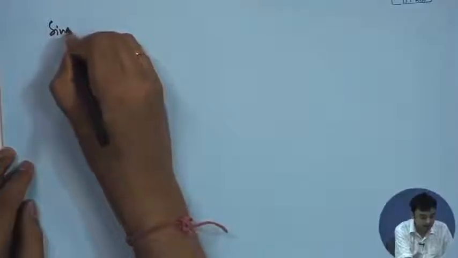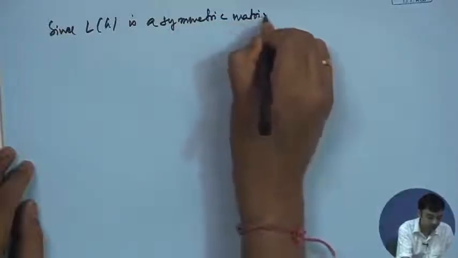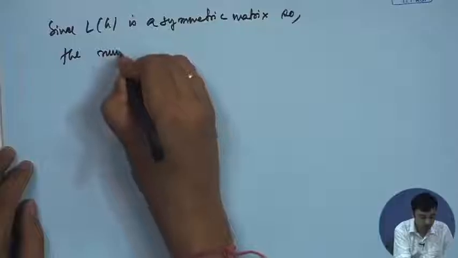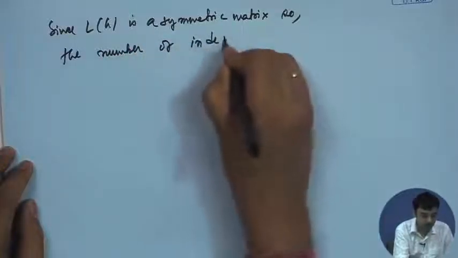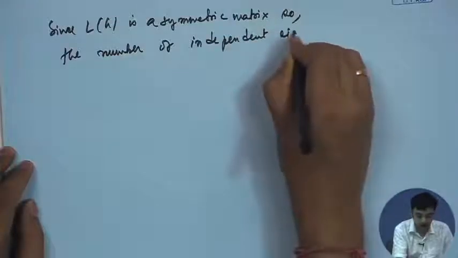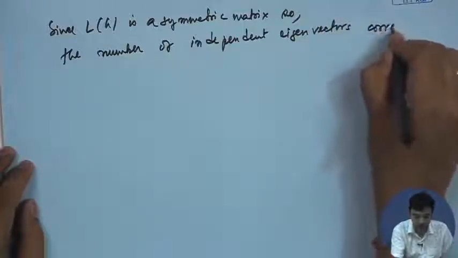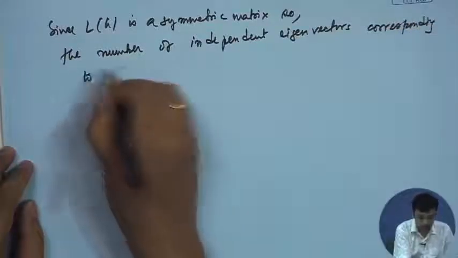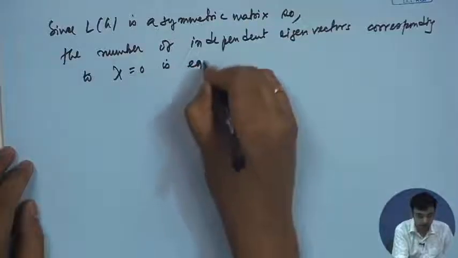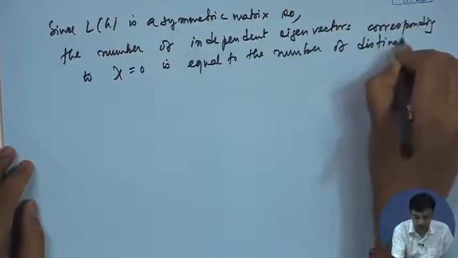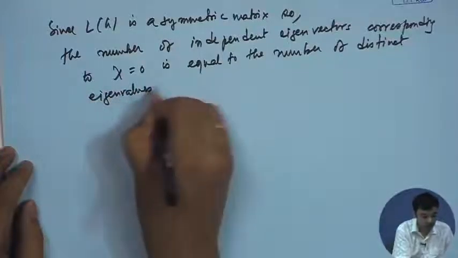So, basically what I want to say is that since LG is a symmetric matrix, the number of independent eigenvectors corresponding to lambda equal to 0 is equal to the number of eigenvalues equal to 0.